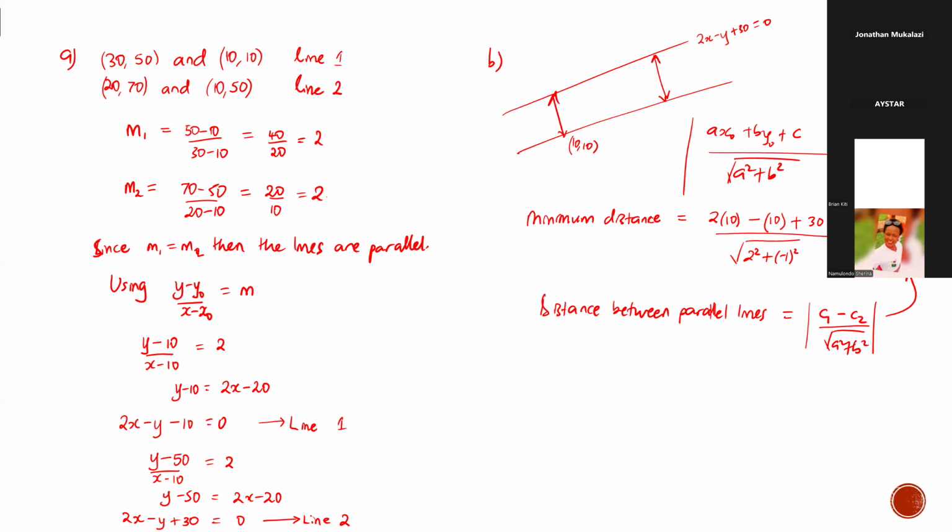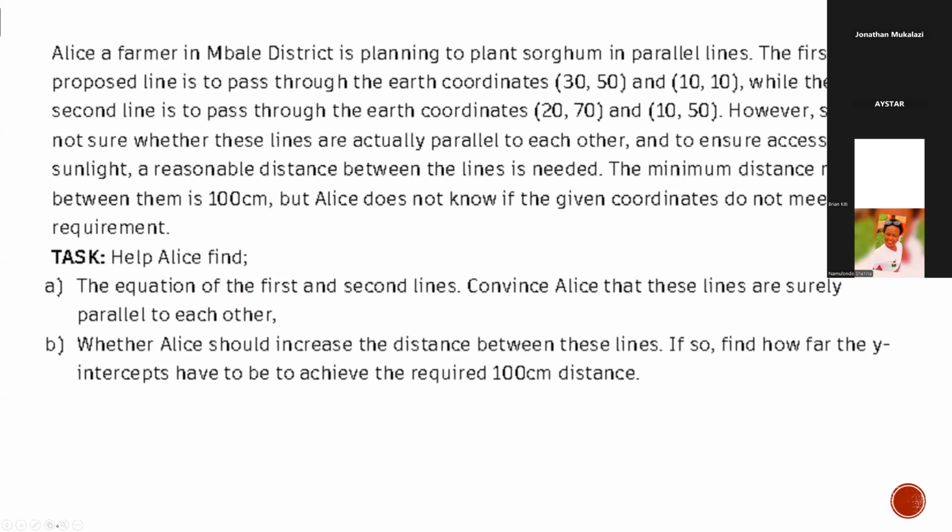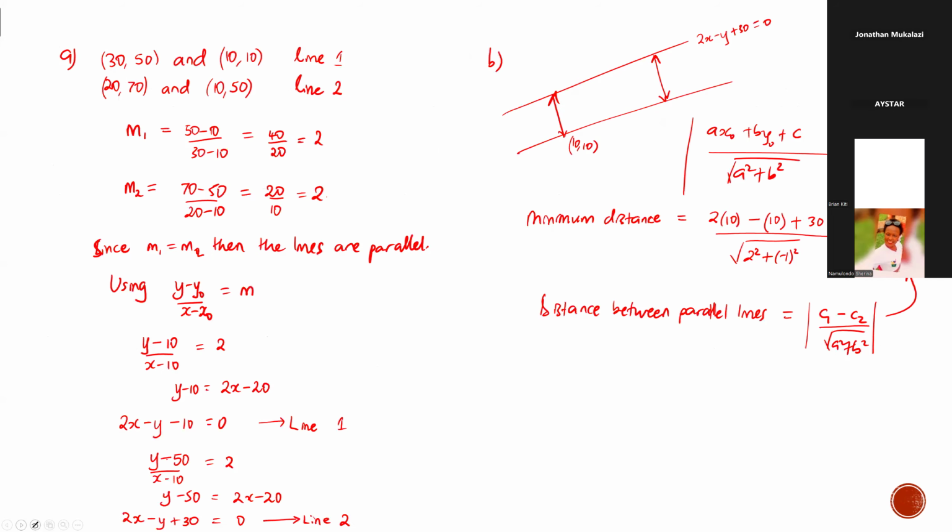40 over root 5 is certainly less than 100, and therefore this is not enough, according to the question that we've been given. So Ali should increase the distance between these lines. And the question is, how far must the y-intercept be for it to achieve the required 100 centimeters distance?